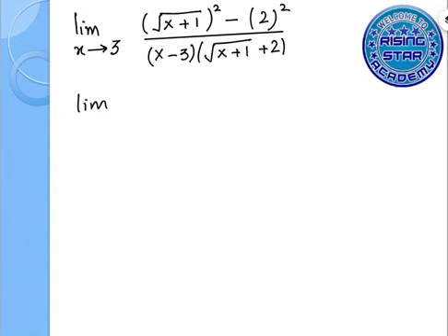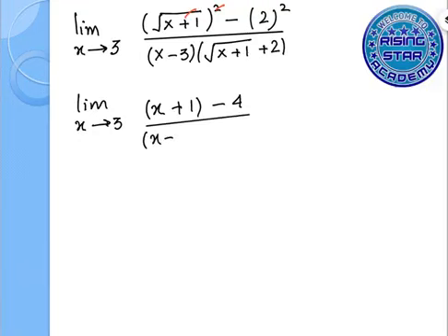Now I will simplify. Limit x approaches 3. The square is going to cancel with the square root. So now I have x plus 1 minus the square of 2, which will become 4, and then it is x minus 3 times square root of x plus 1 plus 2.